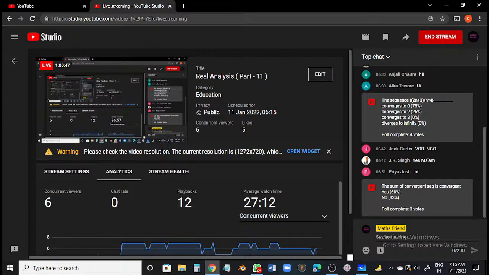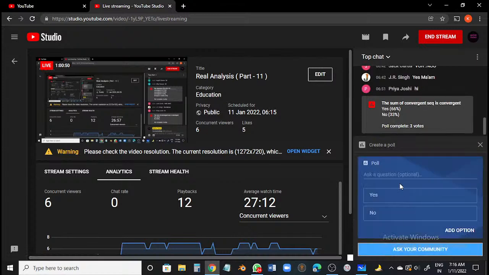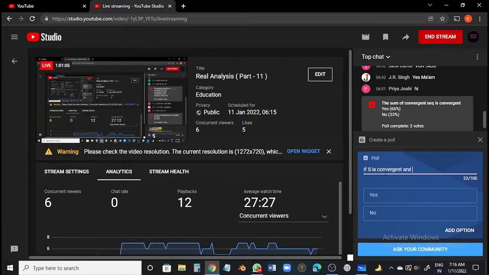I would like to go with another poll. If capital S is convergent and capital T is oscillating, then S plus T converges.